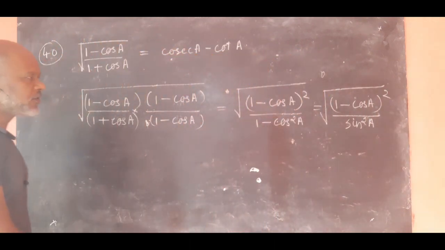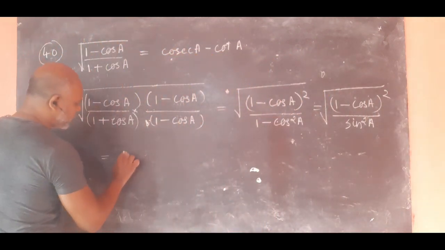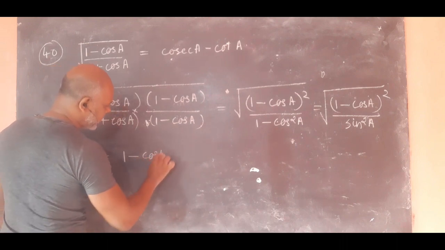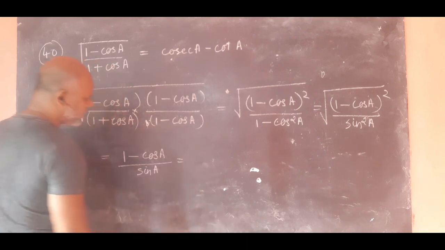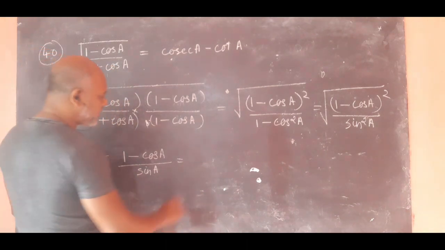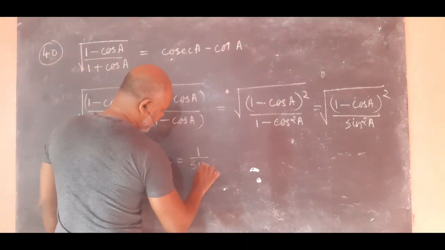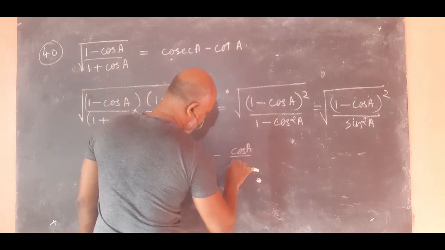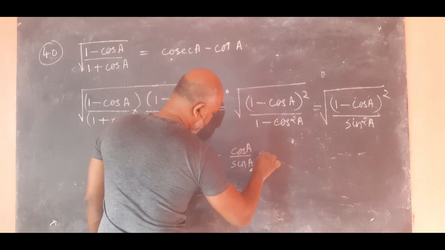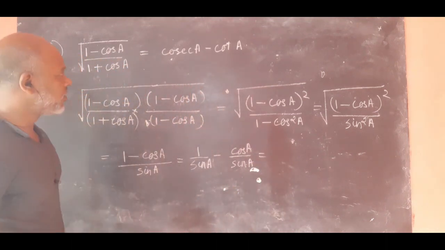So now we can remove the square root and we can write it as 1 minus cos A by sin A. So that is 1 by sin A minus cos A by sin A. That is equal to, so 1 by sin A is cosec A.